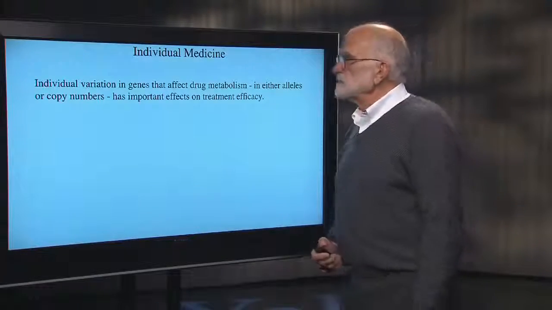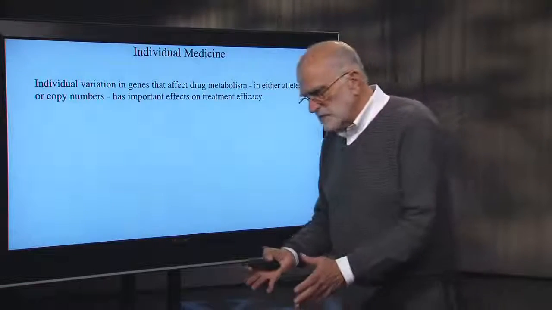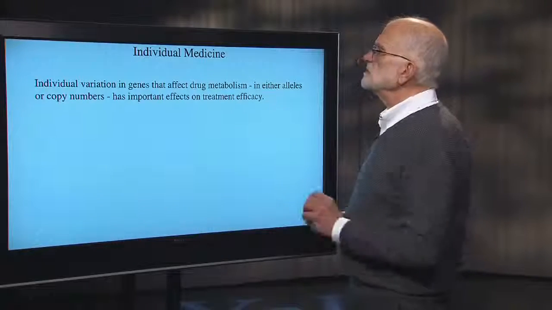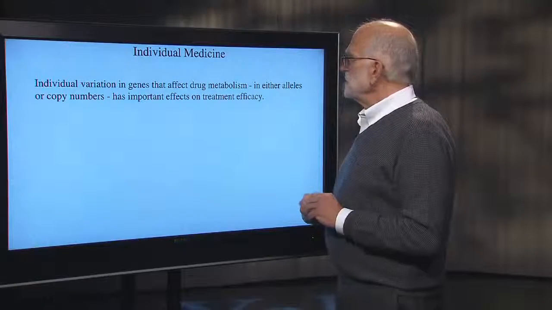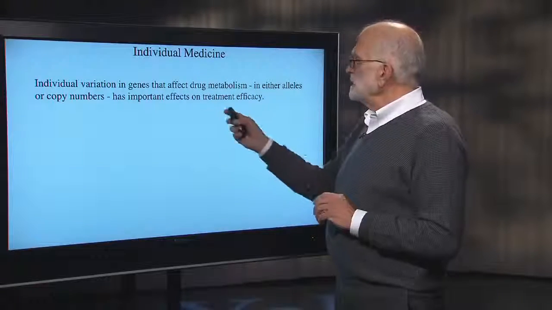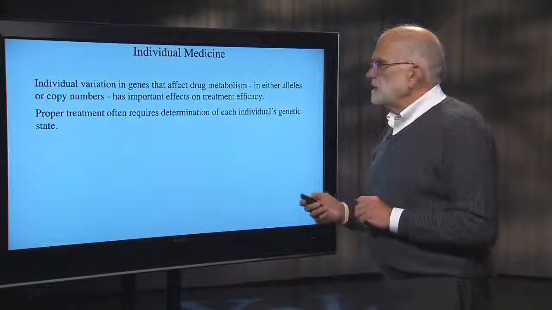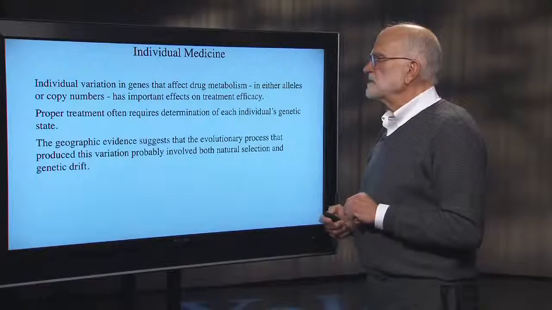What about individual medicine? There's all this genetic variation out there. At some level, we have to look at patients as individuals sampled from a population that has variation in it. There's individual variation in genes that affect drug metabolism, and it has important effects on treatment efficacy. You often then need to determine how an individual is going to react.